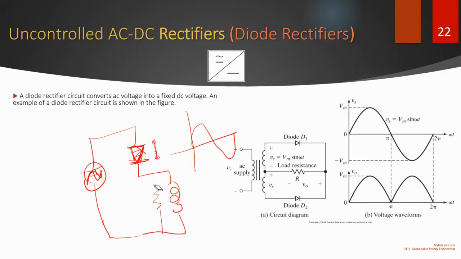If we have a slight inductance in the circuit, the diode keeps on conducting even in the negative voltage until the current through it becomes zero. Okay, so if I draw the current, they have a 90 degrees lag.